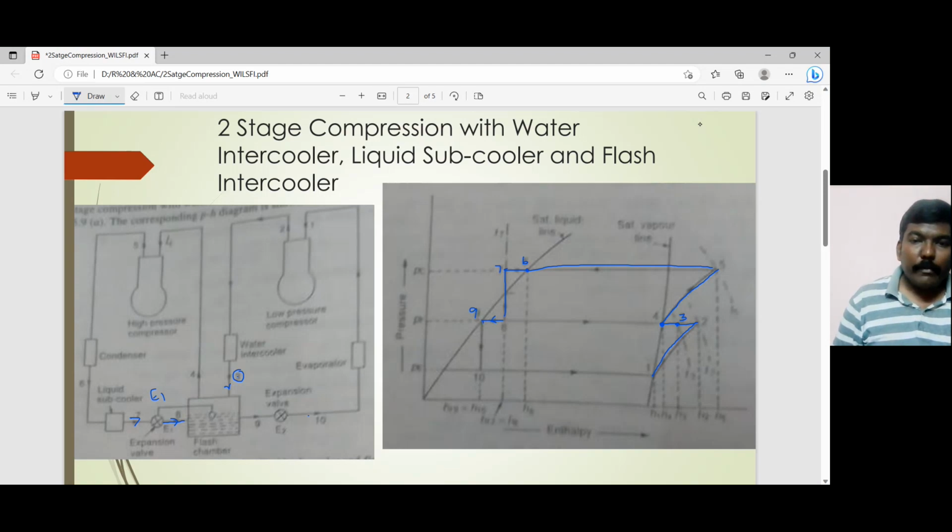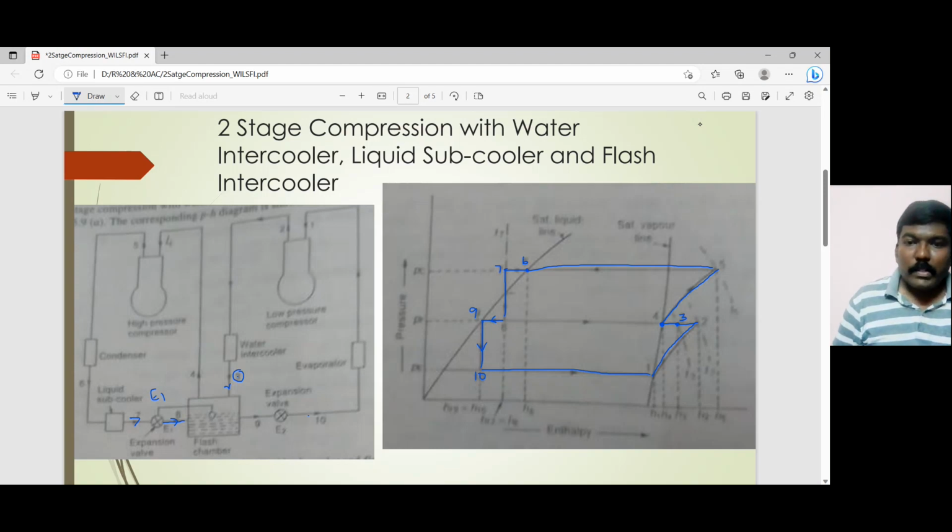And then from 9, it enters into the second expansion valve where it is expanded further to the evaporator pressure level. So that is point number 10. And then in the evaporator, there is a heat extraction process that is taking place. So that is 10, 1. Okay.